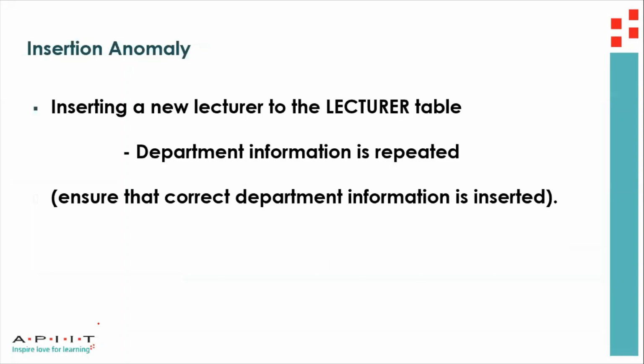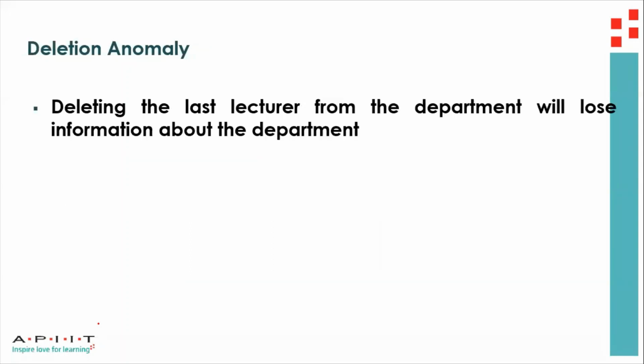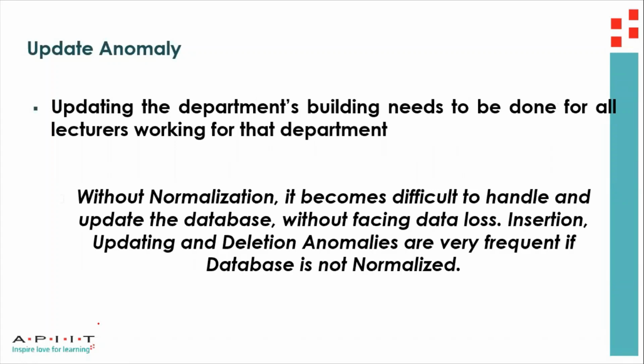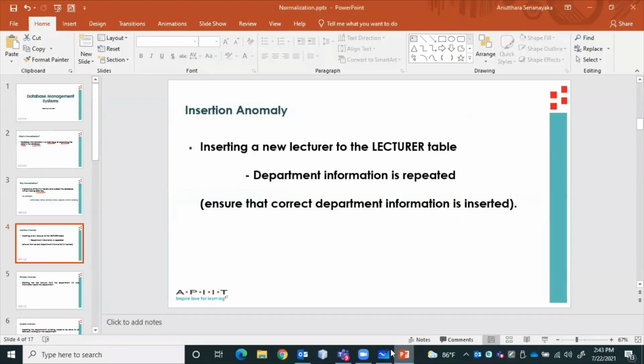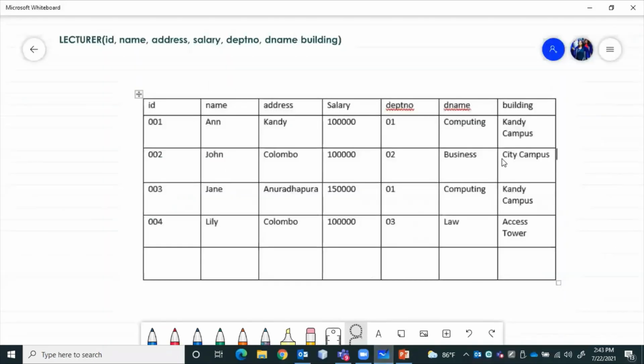The first anomaly would be the insertion anomaly. Let's see what that is. The second anomaly would be the deletion anomaly, and the third anomaly would be the update anomaly. So let's see what this insertion anomaly is. This database is not normalized.